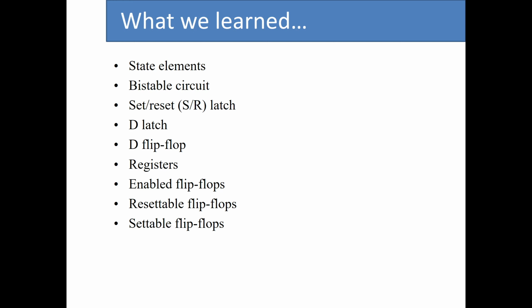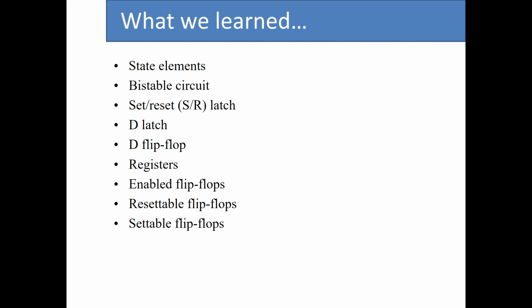So in these past videos, we went over many concepts. We started with the introduction of sequential logic circuits. We said that sequential logic circuits, as opposed to combinational logic circuits, have the capability to store the previous state, and based on that previous state, the output is different. So they have memory functionality.